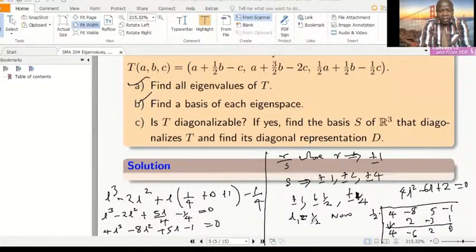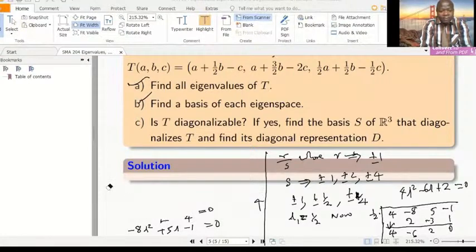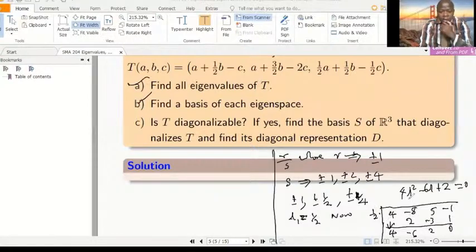Now remember, the first root that we have is the half. So let's solve that quadratic equation. What we have is 4 lambda squared minus 6 lambda plus 2 equals 0.